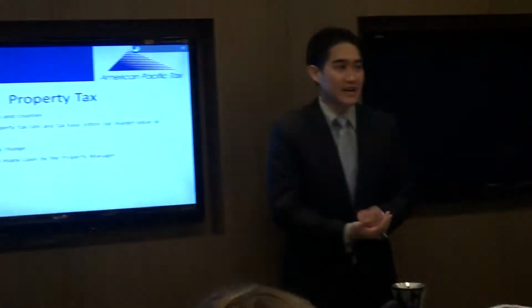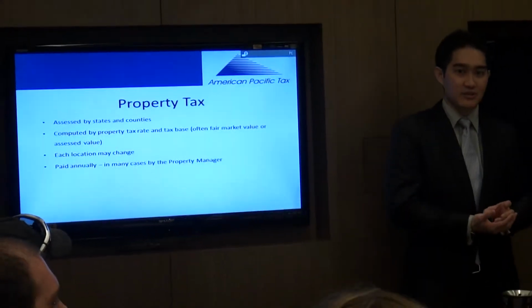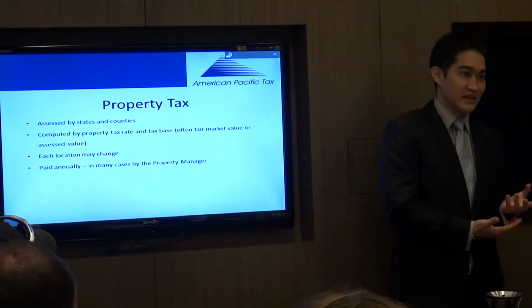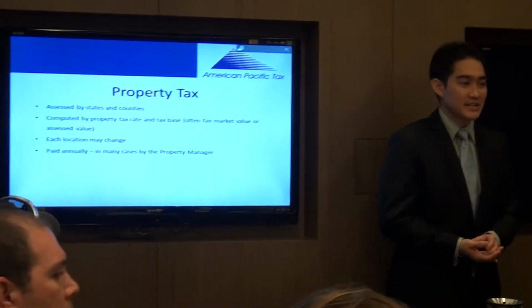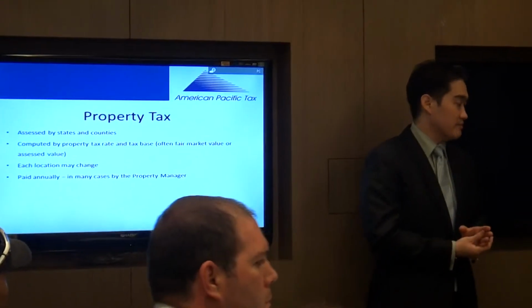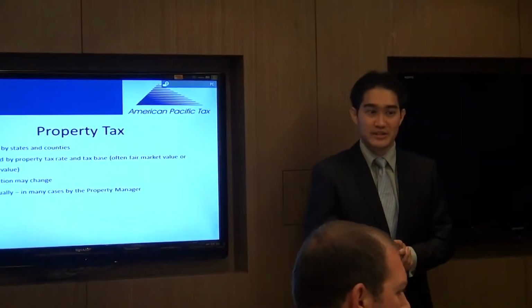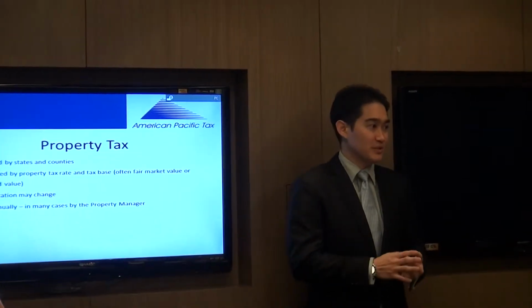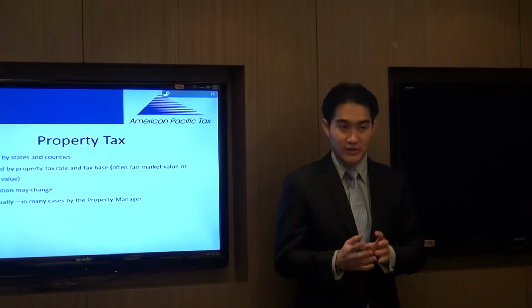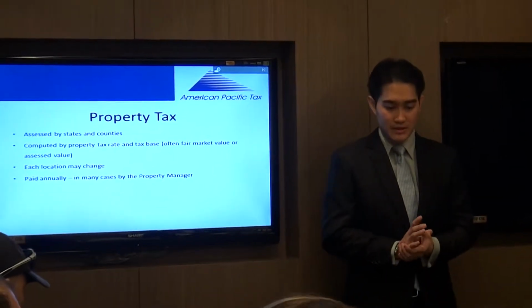So just a brief introduction to property taxes. Property taxes are assessed by states and counties. In the US, there are 50 different states, as you guys might know. Each state or county may charge different property tax rates, usually ranging from 0.5% up to 2%. So it really depends on where you purchase your property.